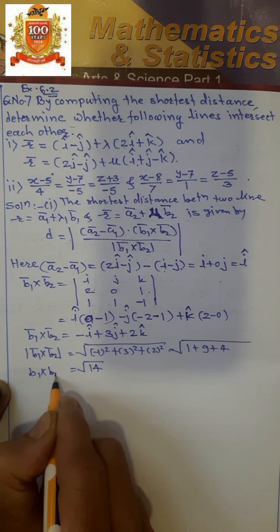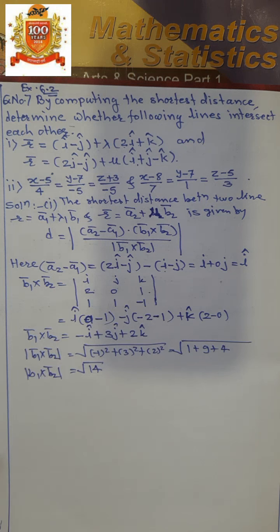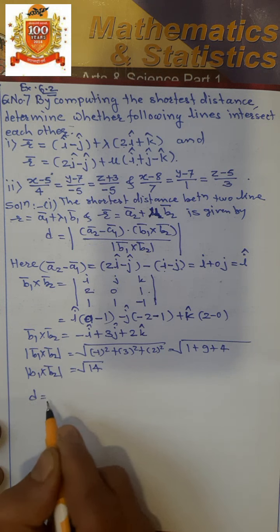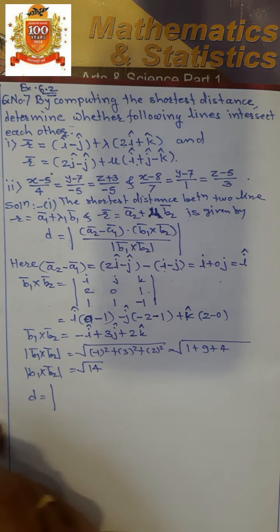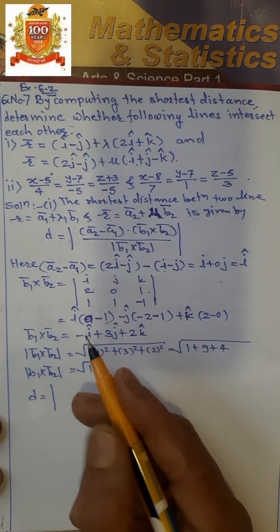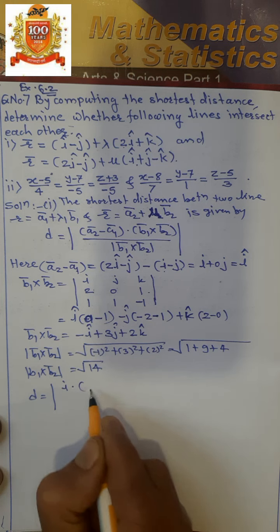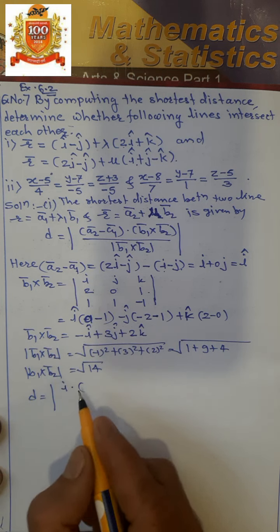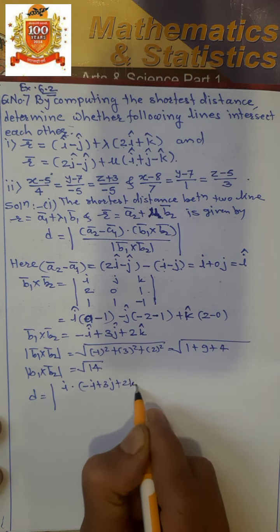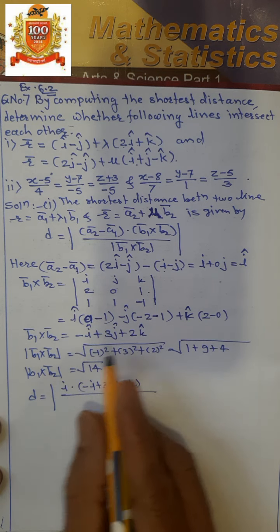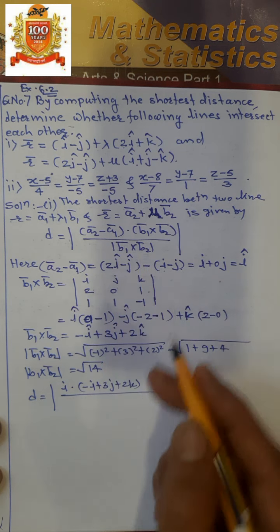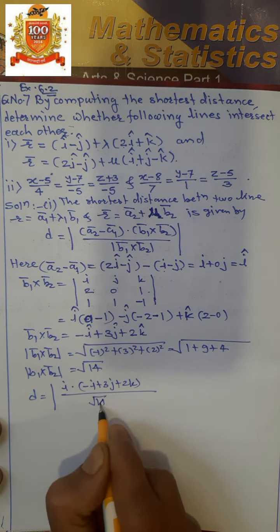Now put the values in D. Therefore D is equal to (a2 bar minus a1 bar) which is i, dot (b1 cross b2) which is minus i plus 3j plus 2k, upon mod of b1 cross b2 bar which is square root of 14.